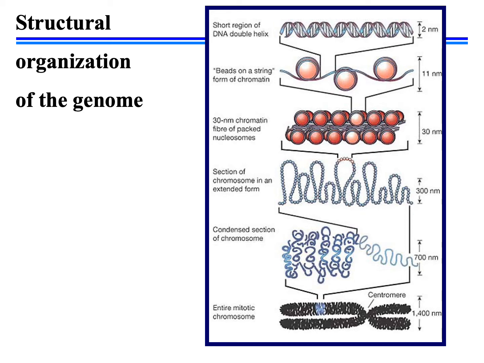So just keep that in mind. And there is an extreme amount of condensation that occurs. Hopefully you remember a little bit from your intro cell bio course that it is during mitosis where chromosomes can be visualized under the light microscope because they have condensed so much. And so it's that level of condensation that you're seeing at the very bottom. That's not the everyday level of organization that you would see.